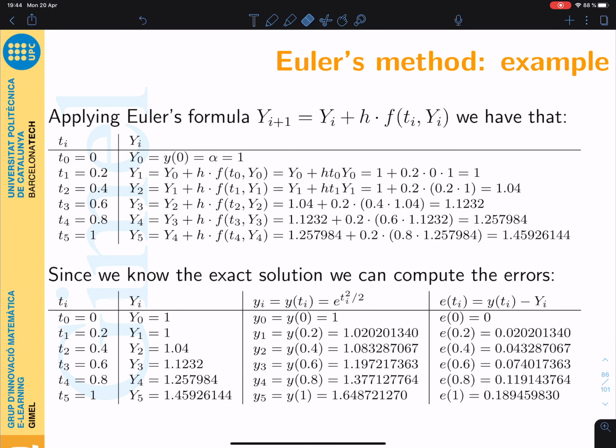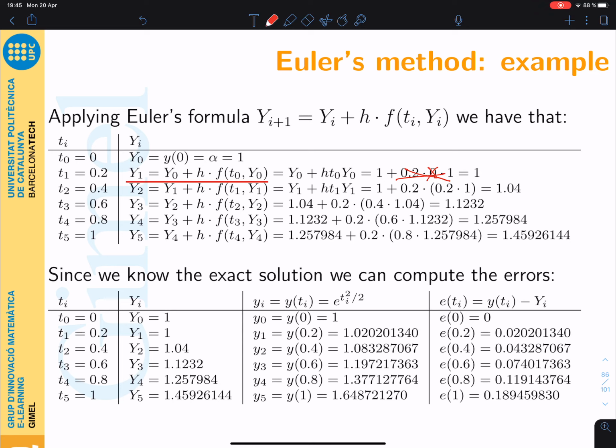In this slide, you have the table, the summary of all the formulas. We did this step in the previous slide. y1 is equal to y0. Yeah, we did this. And as we had this 0, this term was vanishing and the result was 1.